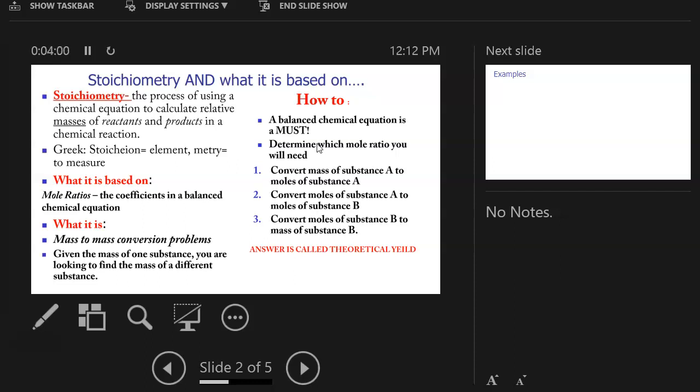So given the mass of one substance, we are going to calculate the mass of another substance. So basically, stoichiometry are mass-to-mass conversion problems.